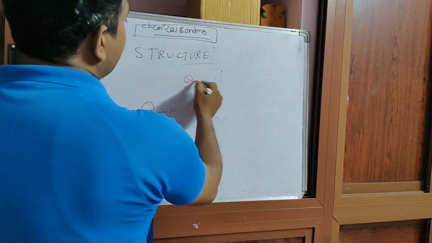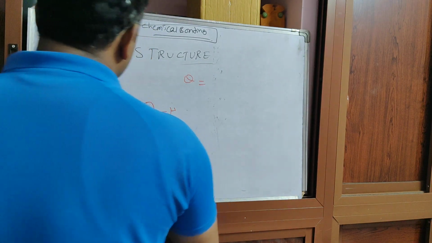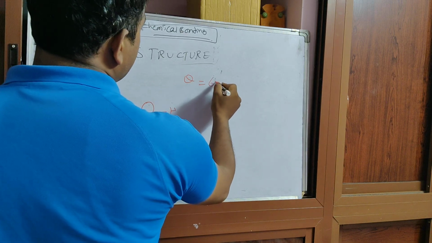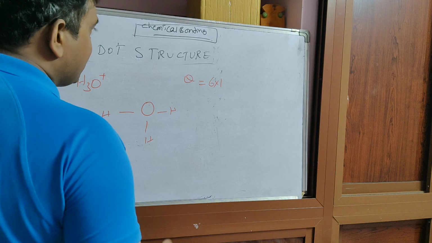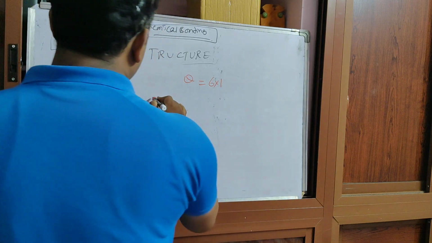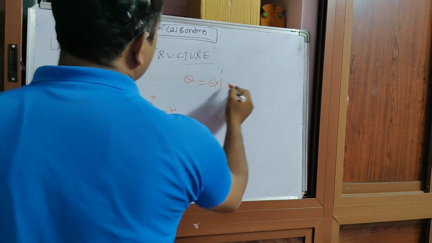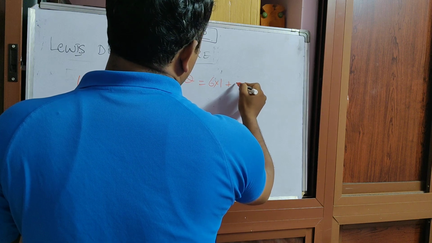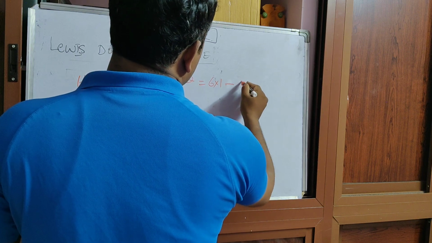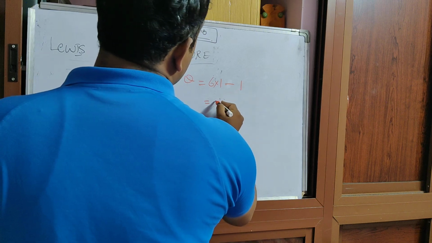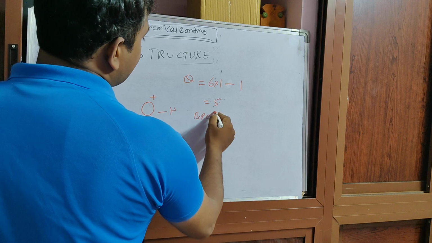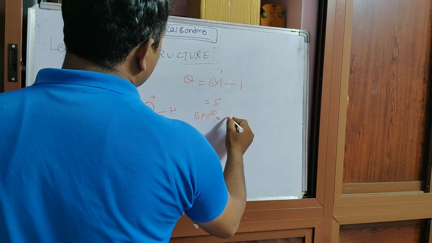If you want to calculate Q, how many valence electrons? In case of oxygen, 6. Positive charge must be on the central atom. Plus negative charge is 0. Minus positive charge is 1. 6 minus 1, 5.